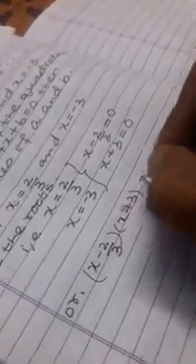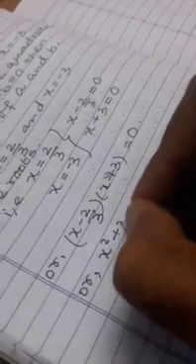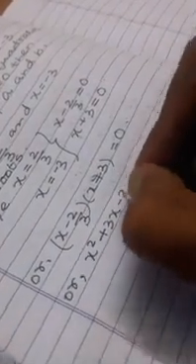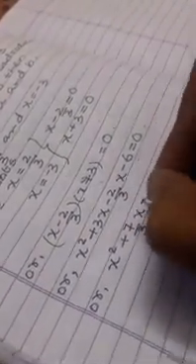Or x minus 2 by 3 into x plus 3 is equal to 0, or x square plus 3x minus 2 by 3x minus 6 is equal to 0, or x square plus 7 by 3x minus 6 is equal to 0. Okay, now give this equation number 1.